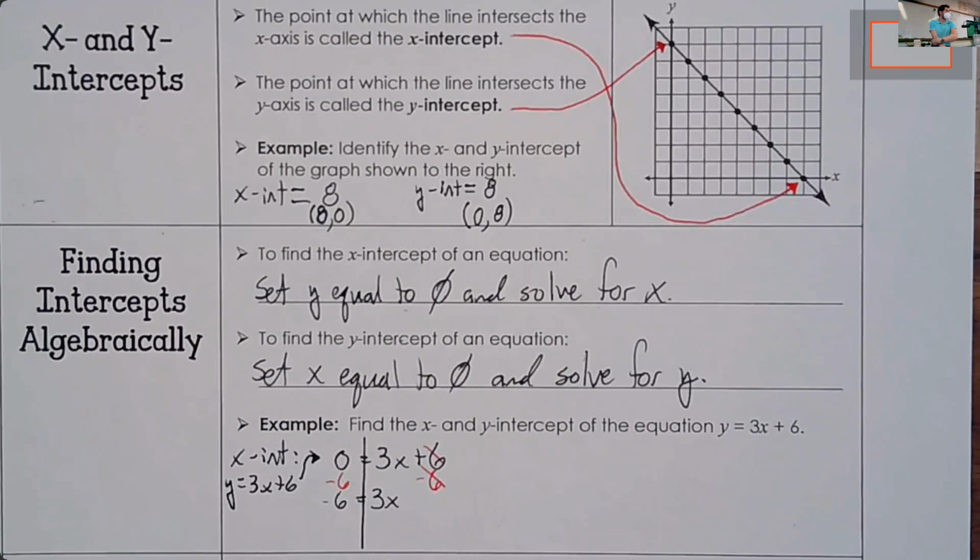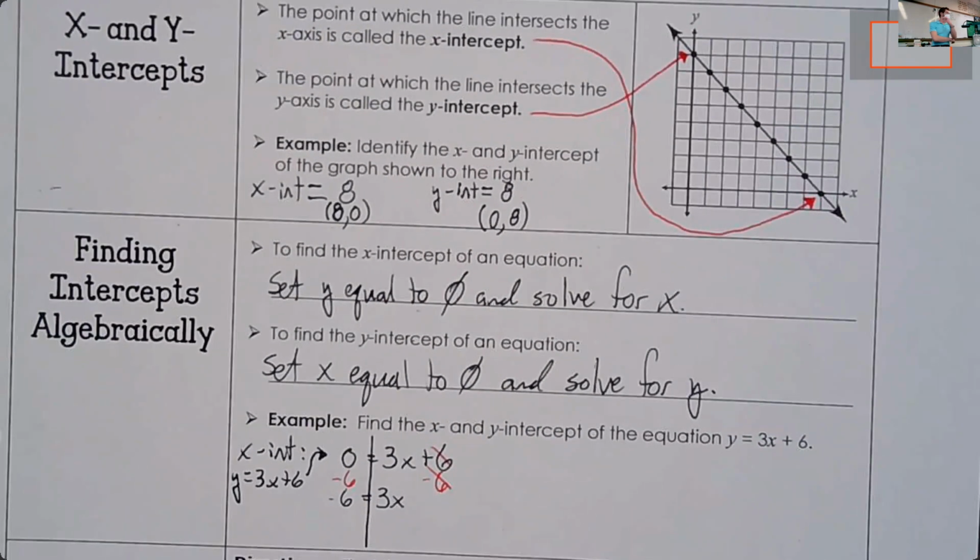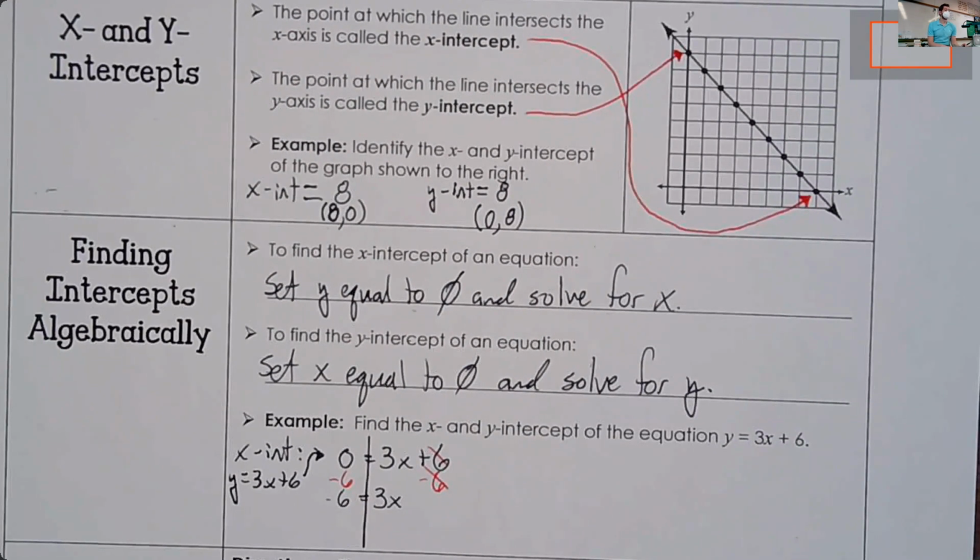We have one more step. How do we get x by itself? One more step. What do we need to do? Divide by 3. Good.